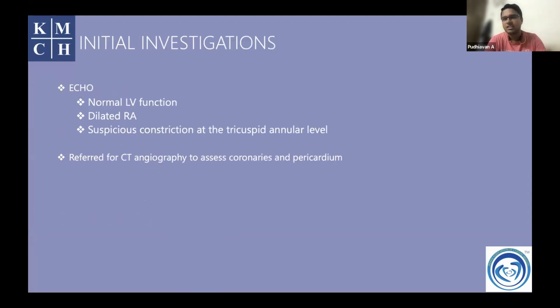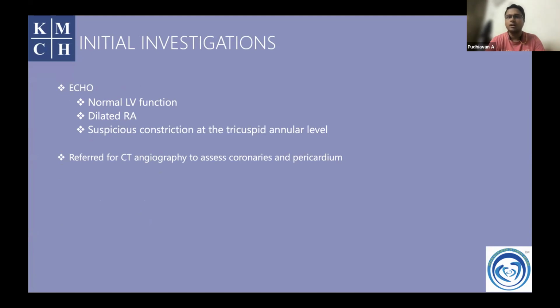So the initial investigations for this patient were done. The echo was normal, ECG, there were not much classical changes. However, in the echo, the cardiologist saw that the right atrium was dilated, and there was a suspicious constriction at the tricuspid annular level.